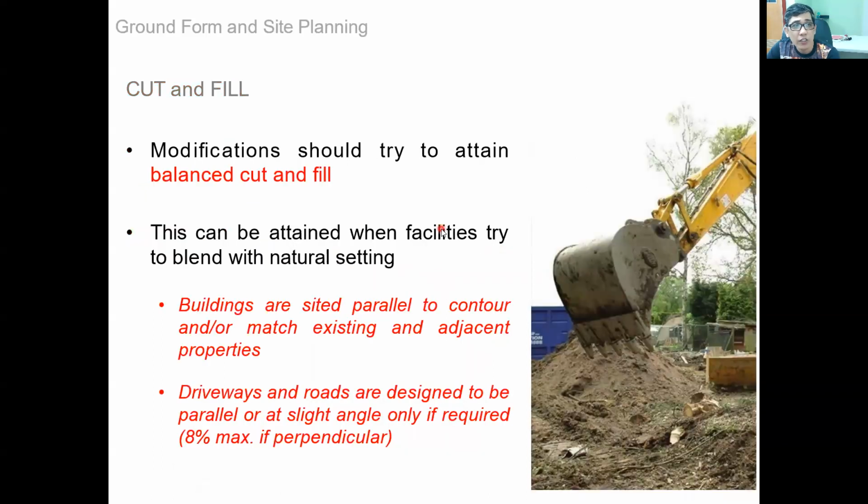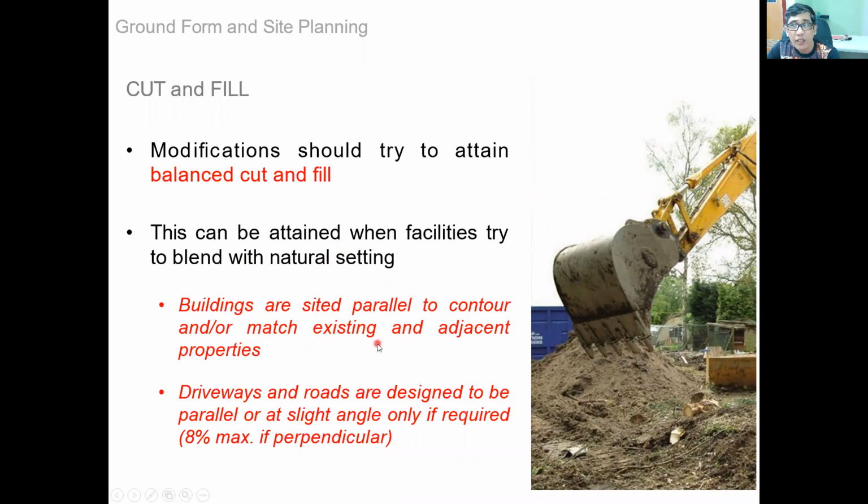So this is now an example of a cut and fill. Modification should try to attain a balanced cut and fill. If there is a very steep area and you want to make it a little flatter, maybe about 5 to 7% inclination, this can be attained when facilities blend with the natural setting. Buildings are sited parallel to the contour and match existing and adjacent properties.